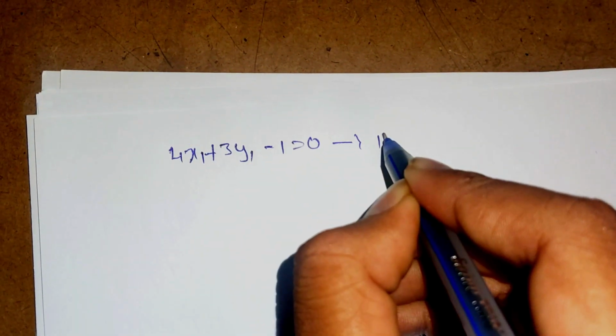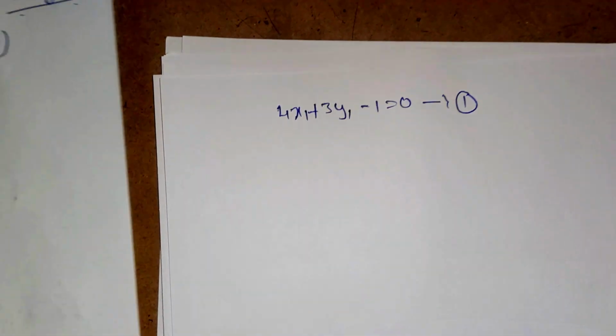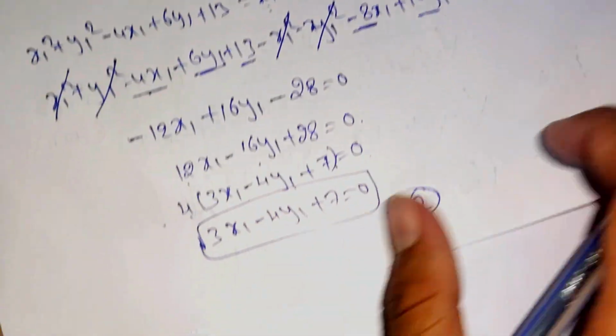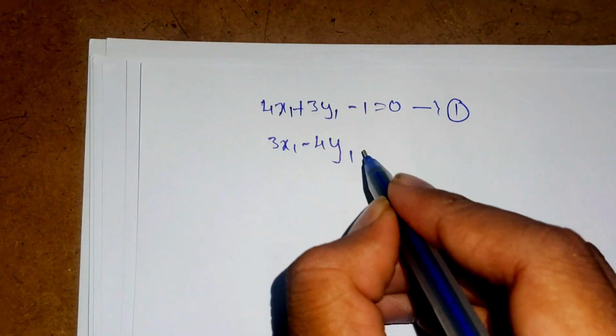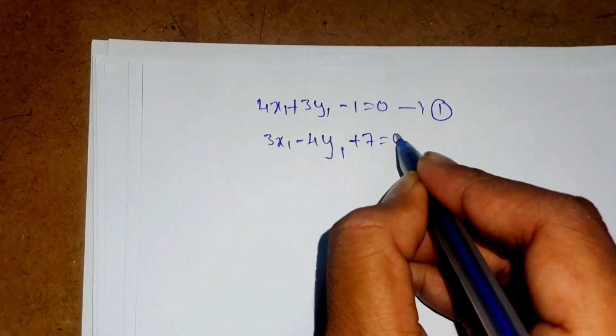This is equation number 1. What is equation number 2 here? Previously we solved 3x1 minus 4y1 plus 7 equal to 0.